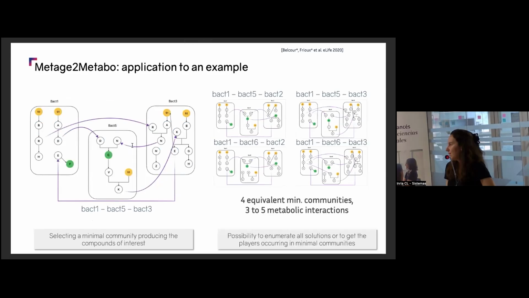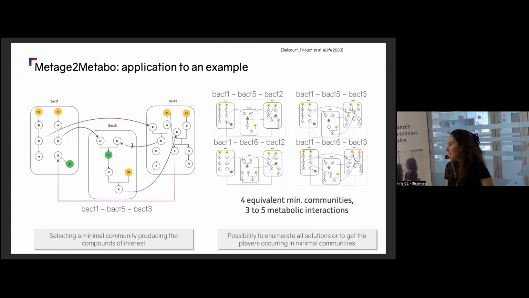From this, we can select minimal communities associated to a few compounds production. Here, the green compounds. The tool will tell us that you don't need the 6 bacterial species to produce the 2 compounds. Actually, 3 is enough. 3 is also the minimal size of the community to produce them. And it can give you a solution. Here, a solution has bacterium 1, 5, and 3.